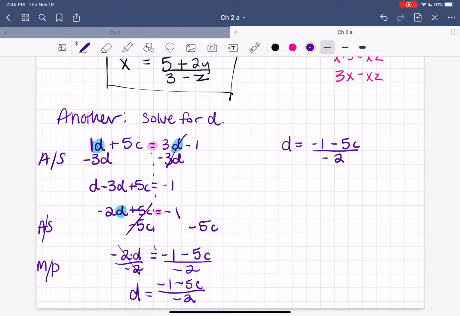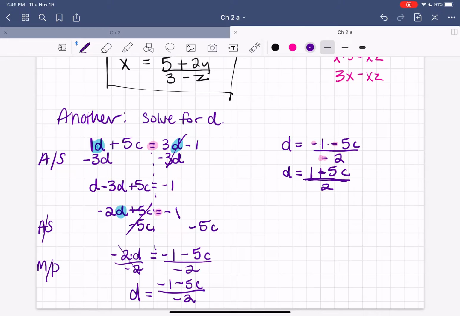So you see how every single one of these is negative? This is basically like saying a negative divided by a negative, which is going to turn into a positive. I will do a video on that.